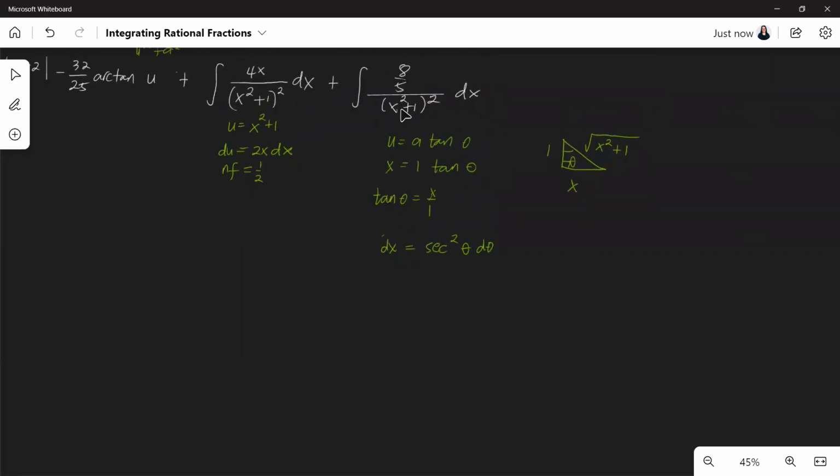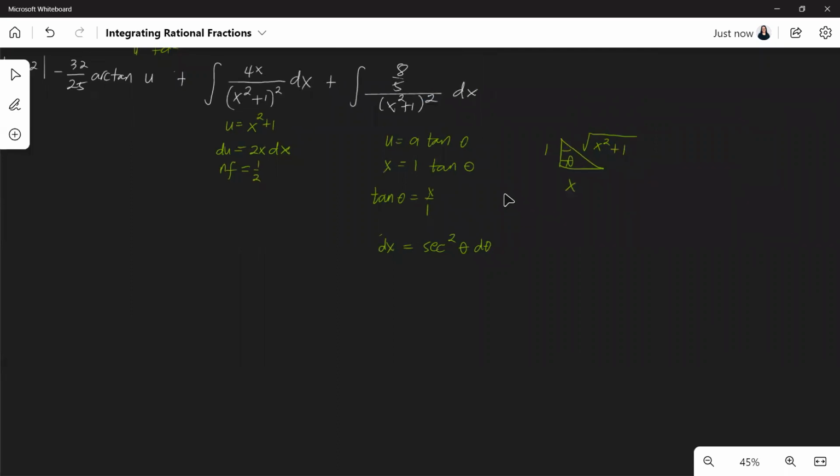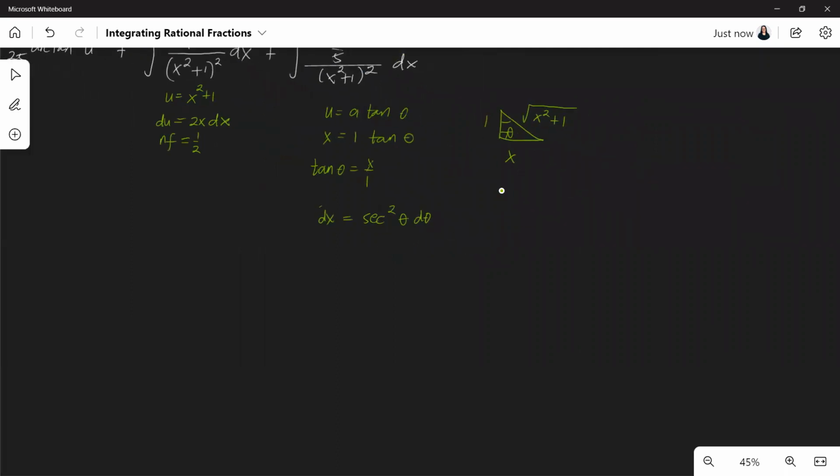Okay, and to form the x squared plus 1 quantity squared, from this triangle, the square root of x squared plus 1, pair it with a constant. So pair it with another side, which should be a constant.